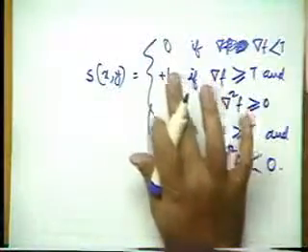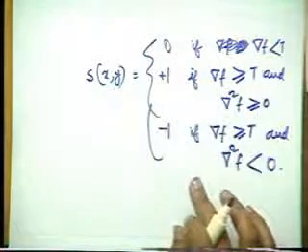So 0 means non-edge pixels, +1 means potentially edge pixels but having positive Laplacian value, and -1 means potentially edge pixels and having negative Laplacian value. And we are considering the histogram of all those pixels which are having Sxy value as +1 or Sxy value as -1.